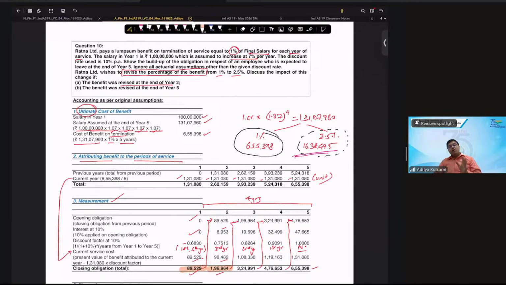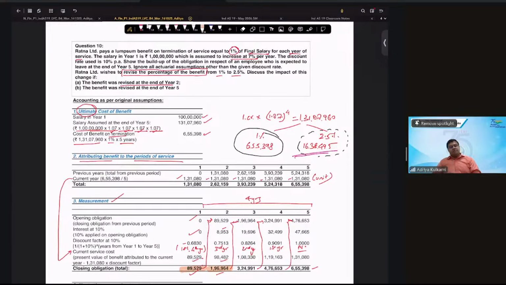So therefore, the obligation would have been sitting at 1,96,964. Year 2 onwards, I will take the new plan, the 2.5% plan. But this jump from 1,96,000 to 4,92,000, why is it happening? It is happening because of a plan change that has been initiated.